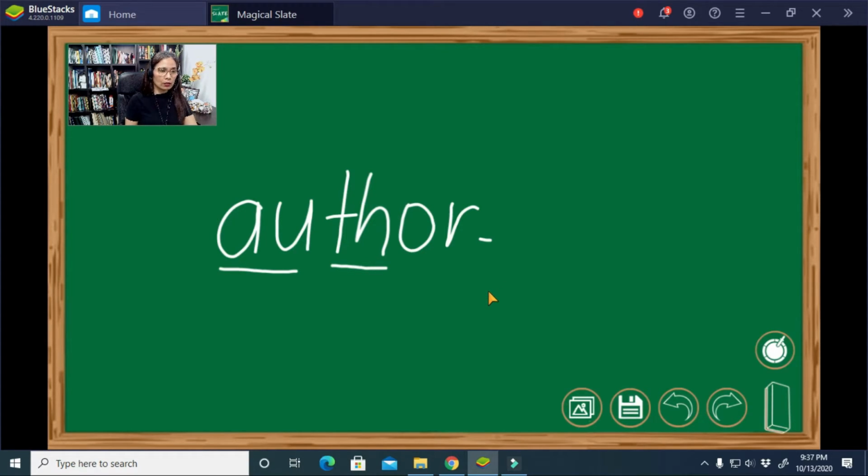Remember our lesson in the past? We have to use under if because we have O here and R. So the letter sounds are O and under if and R. That is now author. Okay.